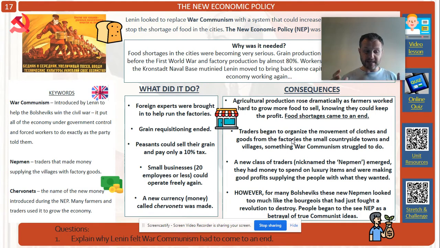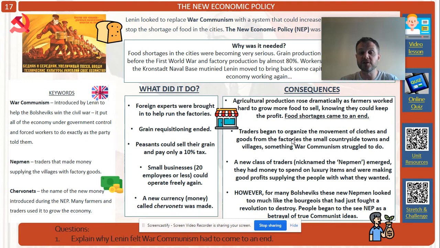And it's almost out of necessity. Lenin would rather not do this, but he knows that if he doesn't do something, his people are going to starve. The Bolsheviks are not going to become popular. He'll probably be kicked out by another revolution, a counter-revolution maybe. And so this is what he does. This is what he tries to introduce.